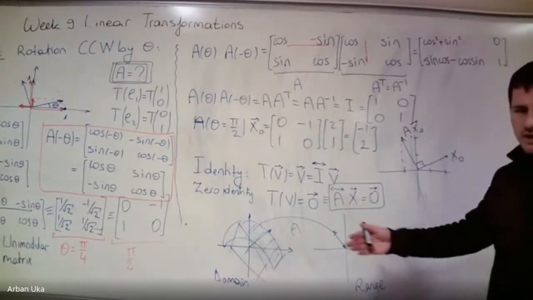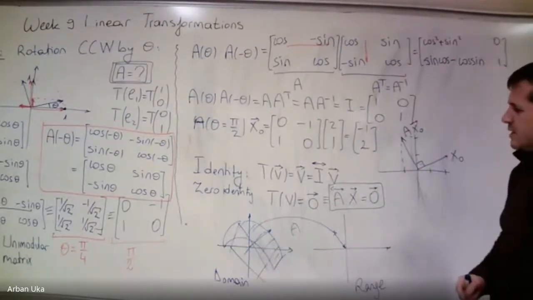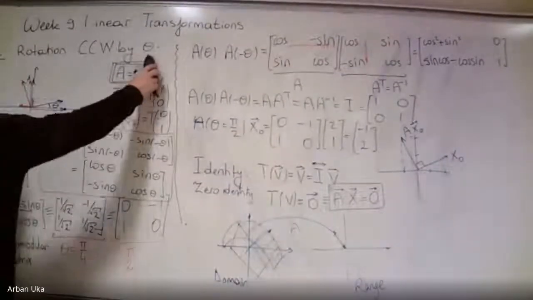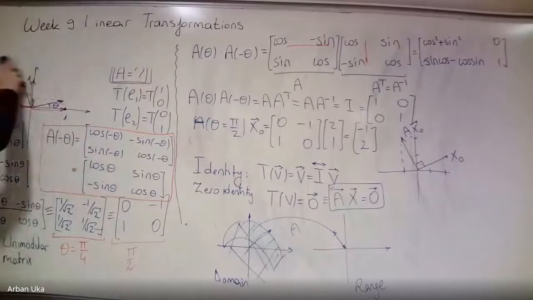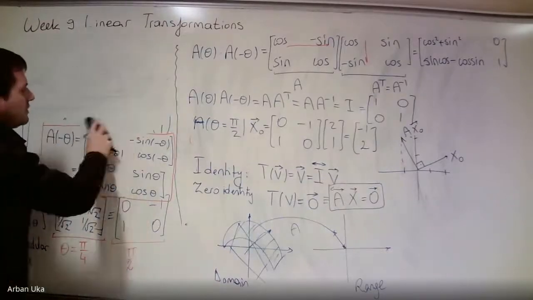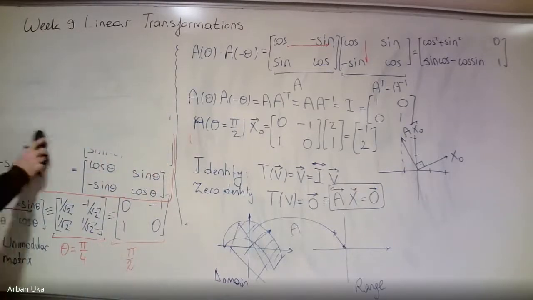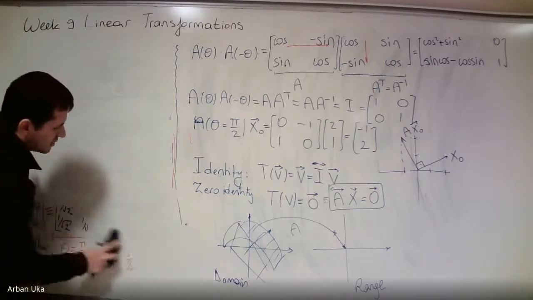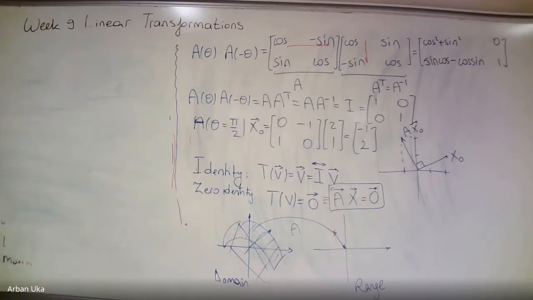Now you know this. Maybe I'm not going to draw it again, but as we're talking about linear transformations, we have linear transformations which we can call identity transformations, which means that a linear transformation times a vector x0 is also equal to x0.